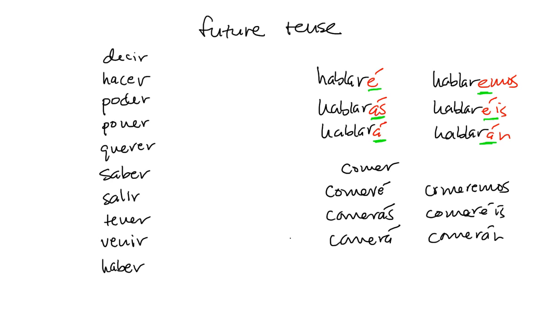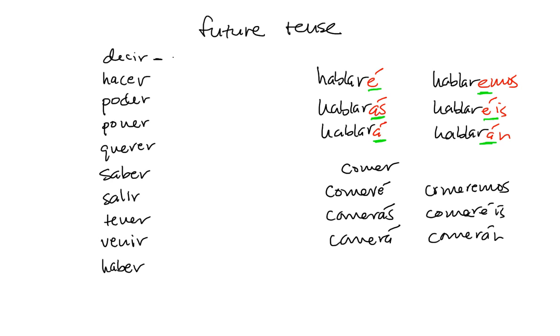But there are some, and as we've seen before, the ones we're looking at here are irregular verbs. That is, they're the most common verbs, and we've seen them before in other tenses being irregular as well. What we do for these verbs, and we have the list here on the left, is we use an irregular root.